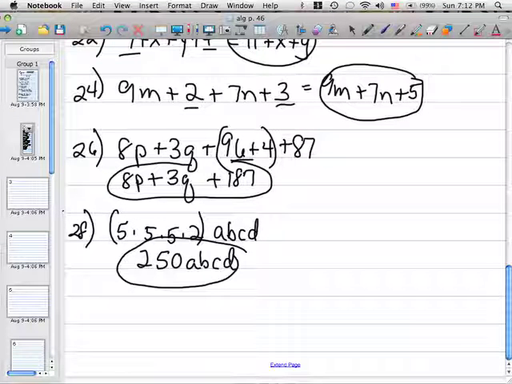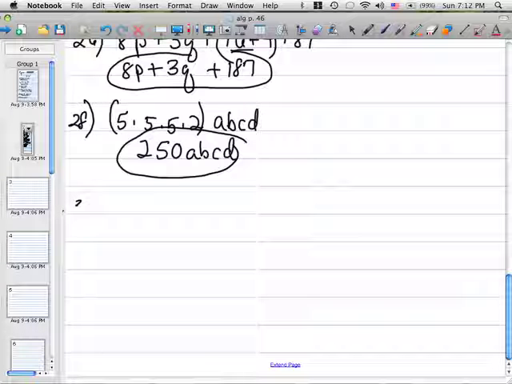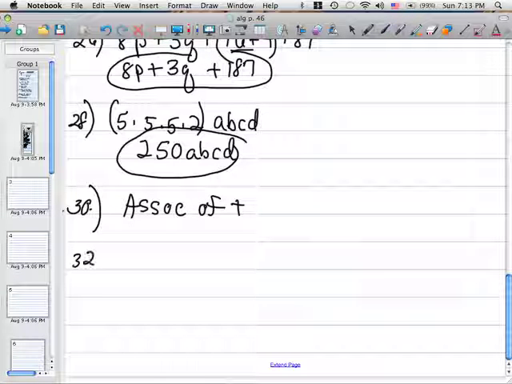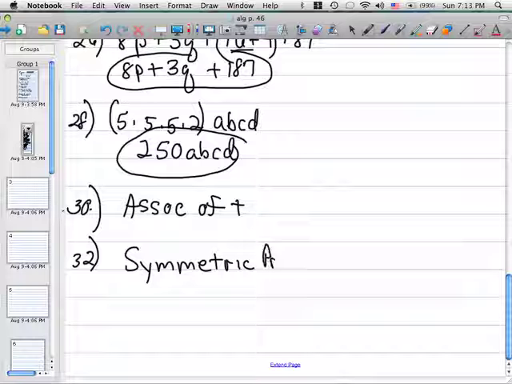And then the last set of problems, you are to name the property being illustrated. Number 30, they switch the grouping symbols, so that would be the associative property of addition. 32, they have an if-then statement, so if 3.2 equals 8y, then you can turn it around and say 8y equals 3.2, so that is the symmetric property of equality.